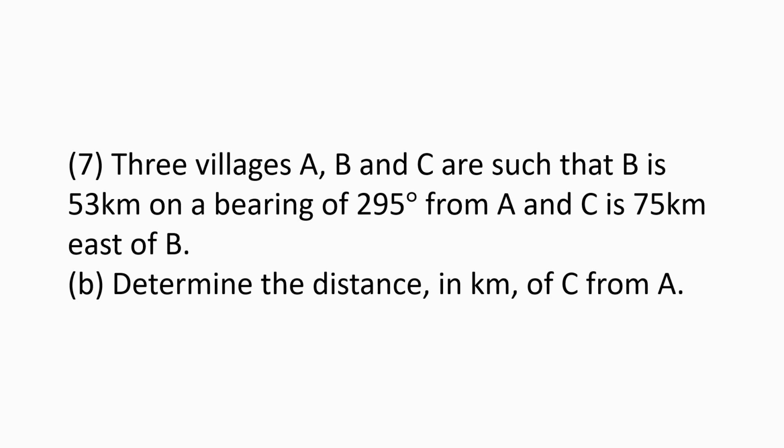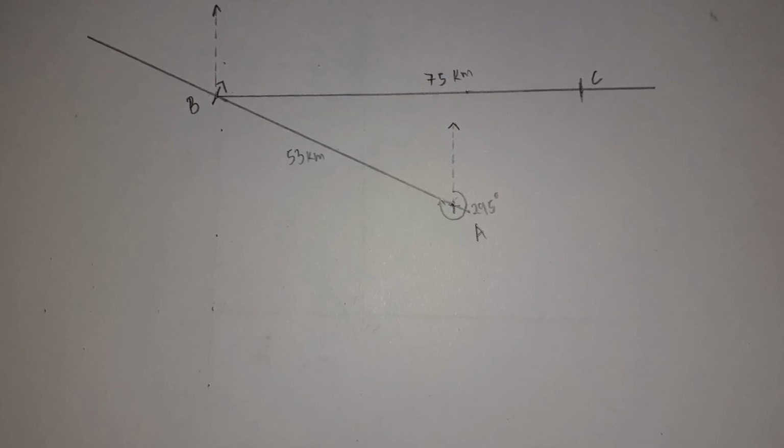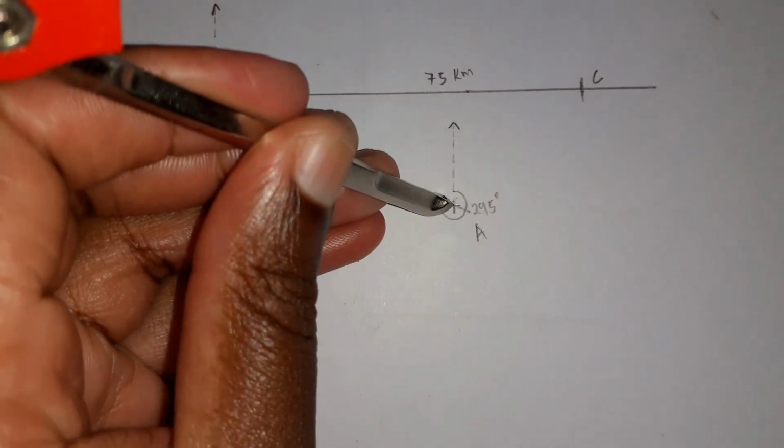Question 7, part B. Determine the distance in kilometers of C from A. To find the distance C to A, we again use the dividers.